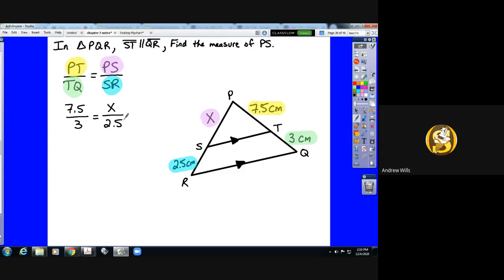So as our first check for understanding, I would like you to solve that proportion and type the value of X into the chat, please. Solve that proportion and type the answer, the value of X, into the chat.